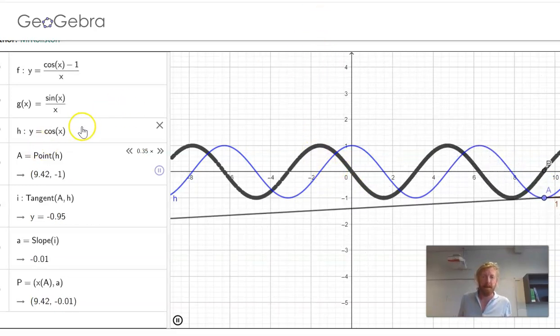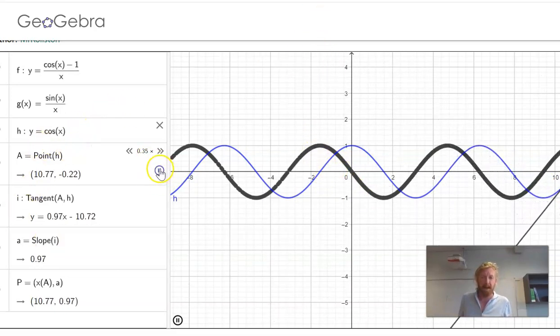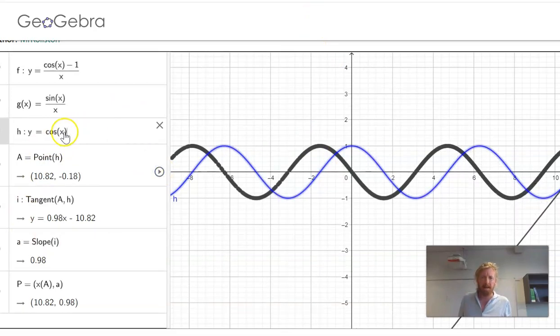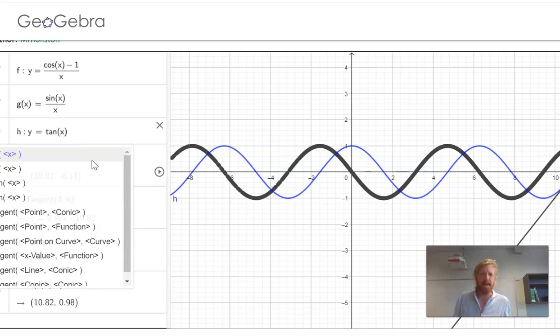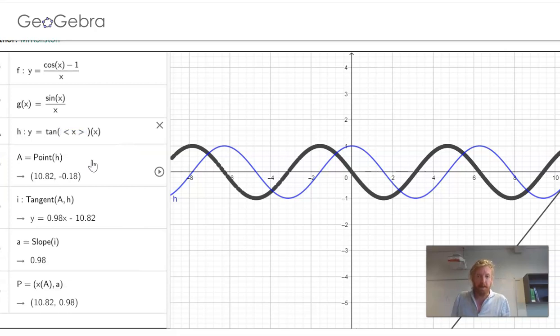Okay. I can try it for tan. Do we know what sec squared looks like? I think we do, don't we? Well, let's find out. Tan. Try and just pause the video and think about what sec squared looks like. Okay.